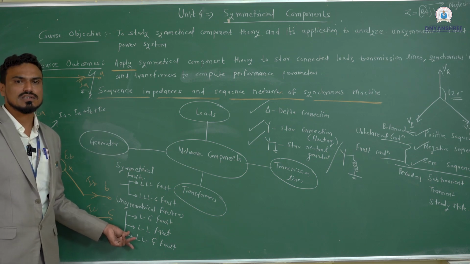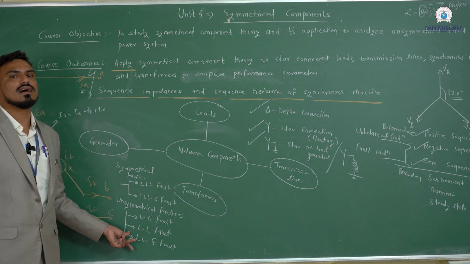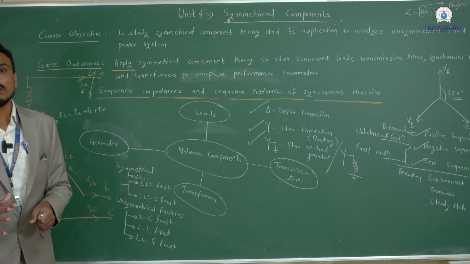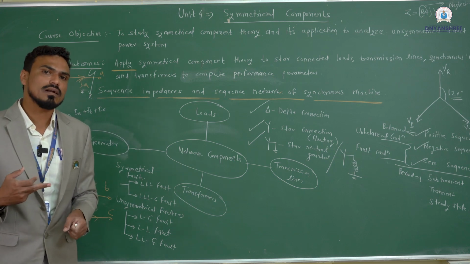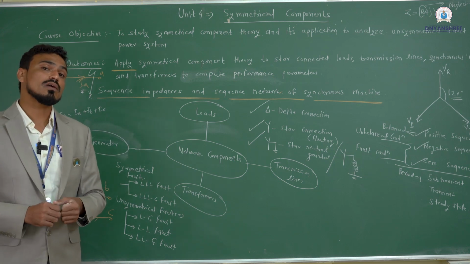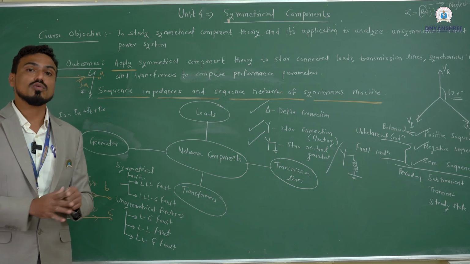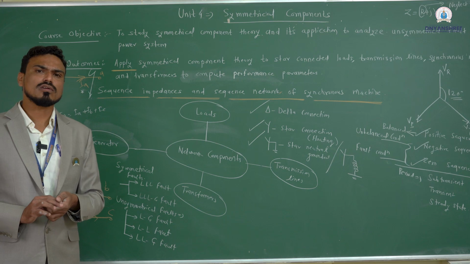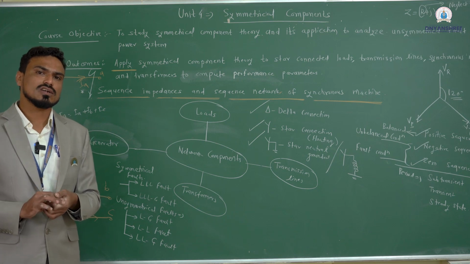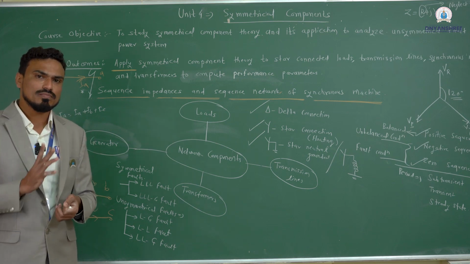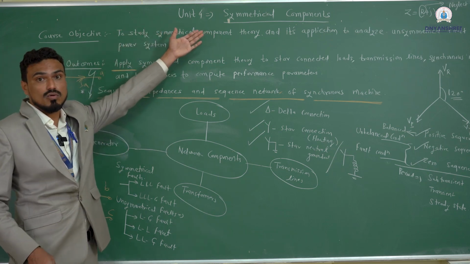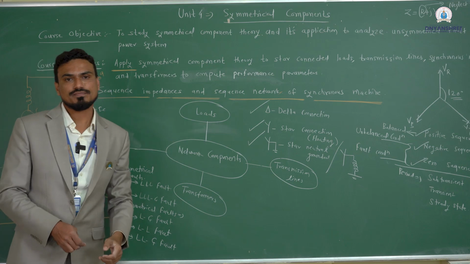In such a situation also, it creates unbalancing. Now it's very important to understand how the system parameters will behave and how the protective system should be in place to work under such conditions. So it's a very important role of power system engineers to understand this theory, and that's what this topic in our course is, symmetrical components.